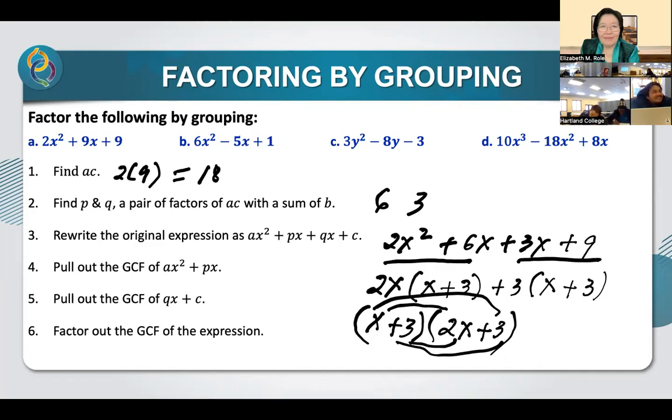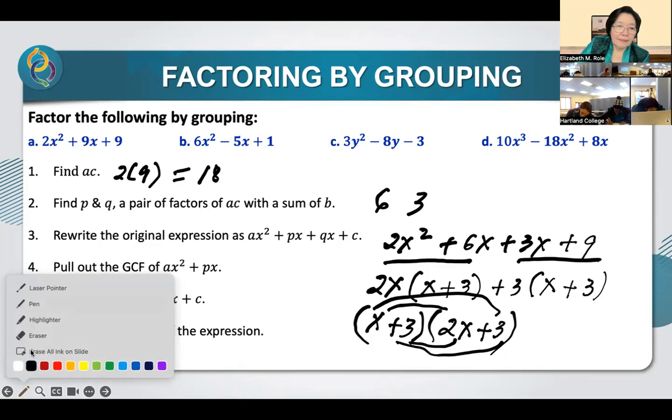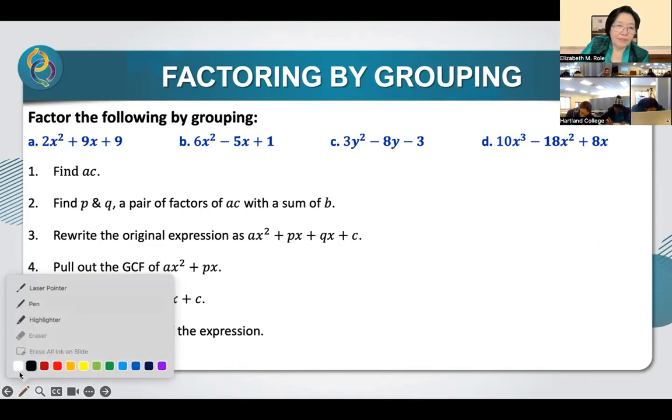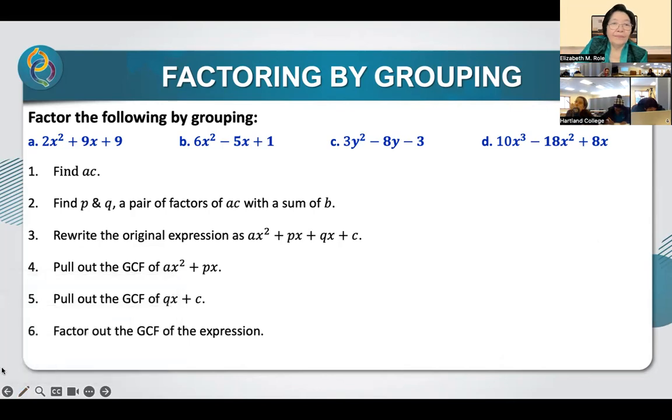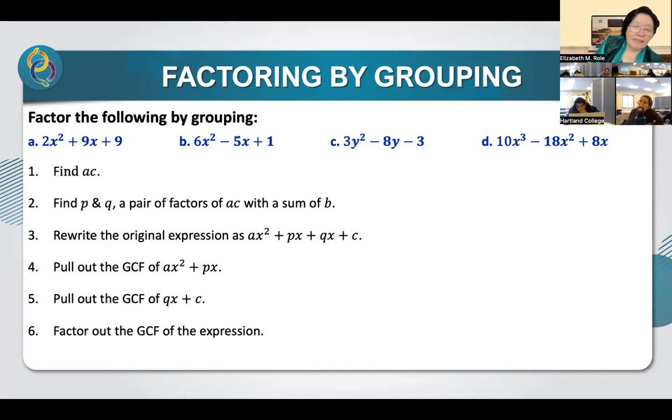See if you can factor. Let me erase so that you are able to see. So 4 and 5, you can just go direct. It's not necessary to do the pulling out.